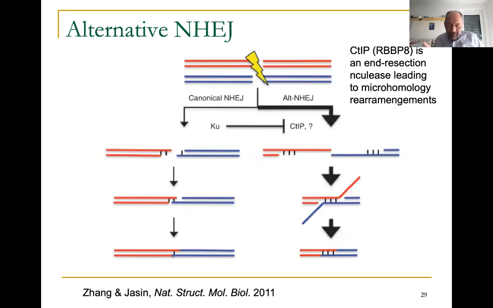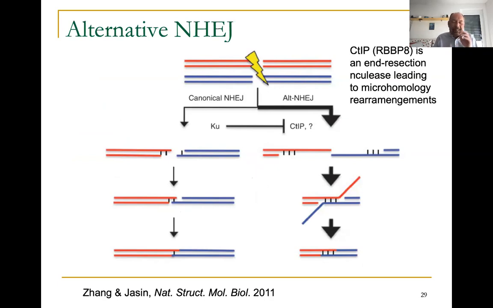Now, I told you that essentially there are two main pathways for the repair of double-strand breaks. And these two main pathways are non-homologous end-joining and homologous recombination.